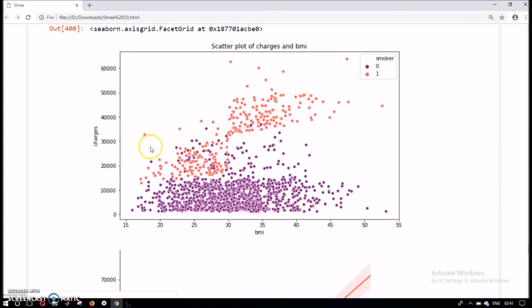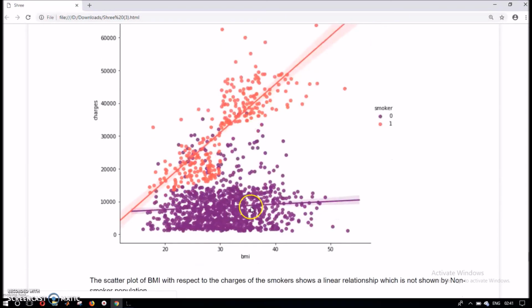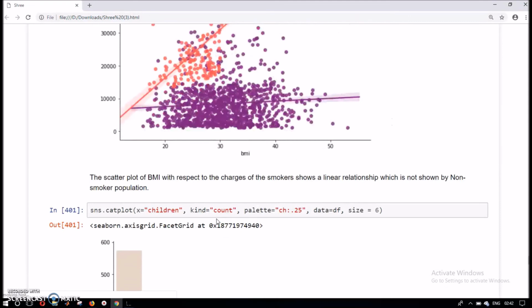Now, in people who smoke, we can see a rising linear trend with BMI and charges. That is, for the people who smoke, their charges increase with the BMI, and for the people who don't smoke, their charges are relatively insignificant with respect to the change in BMI.